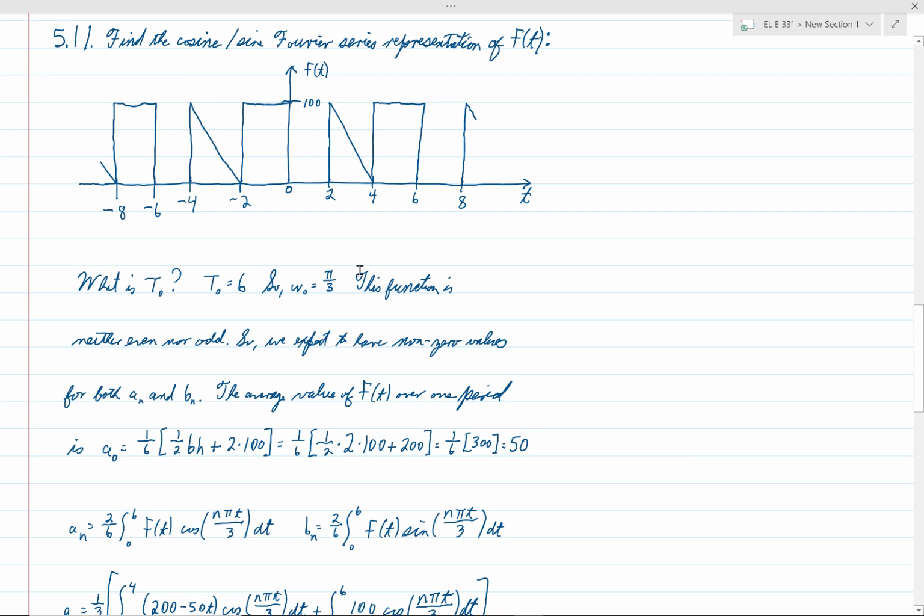Well, the first thing we can see is that when we ask ourselves, what is T naught? I mean, this certainly is a periodic function. We can see how it's repeating, but what is T naught? And if you look at this part here, starting at negative 4, it doesn't repeat again until we come over here to 2. So that tells you that the period is 6.